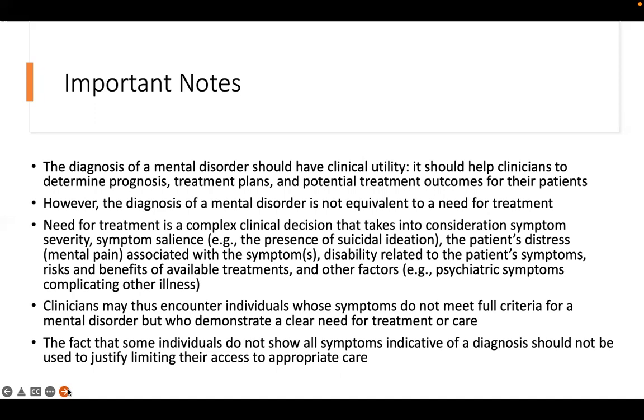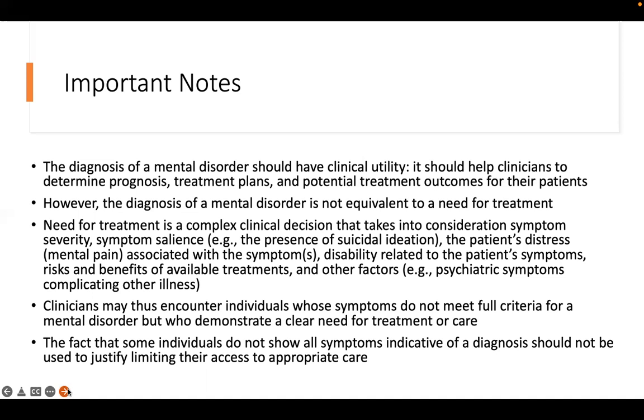I always think sexual disorders are some of the best examples of this. Maybe you have somebody experiencing erectile dysfunction or anorgasmia, and if that person isn't sexually active or doesn't really care, that doesn't mean they need intervention.